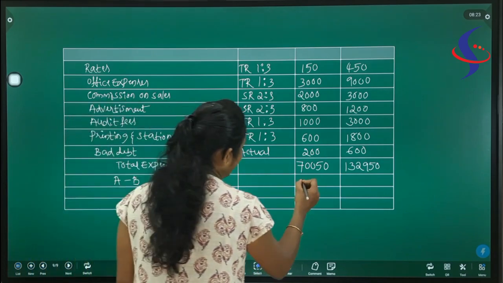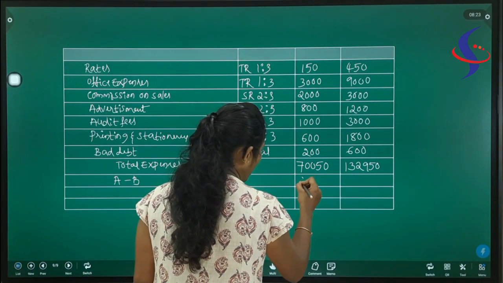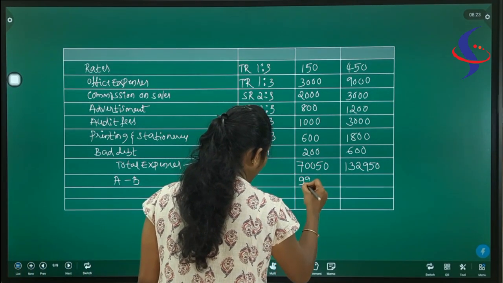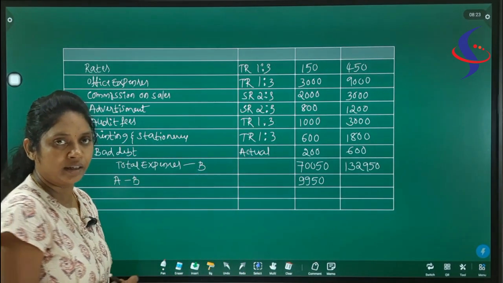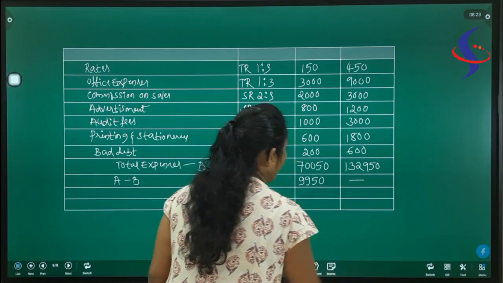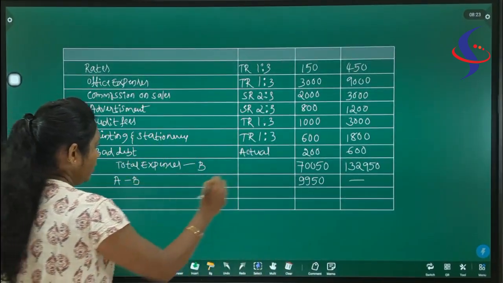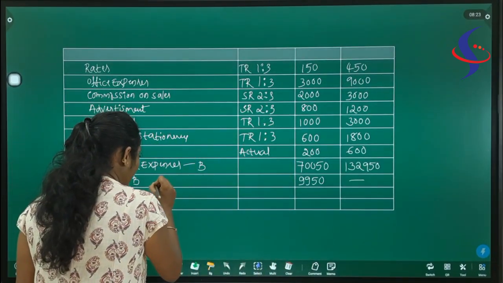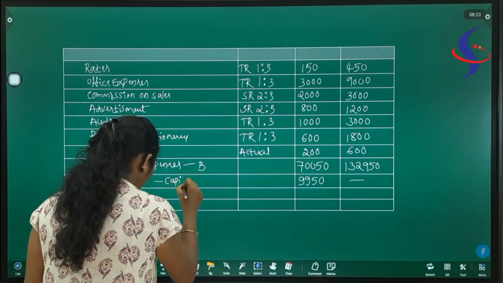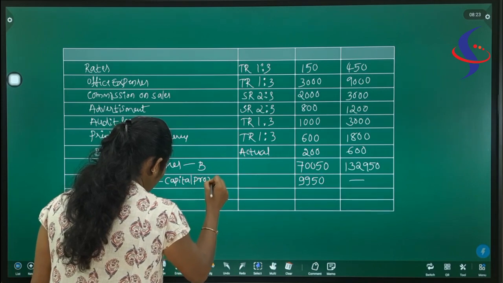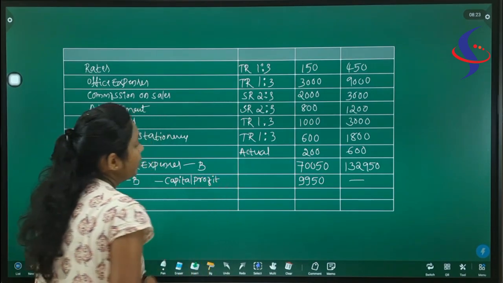How much profit do you get? 9,950. You can just check it using your calculator. This is profit. Then for prior period, whatever we get, that we call capital profit.